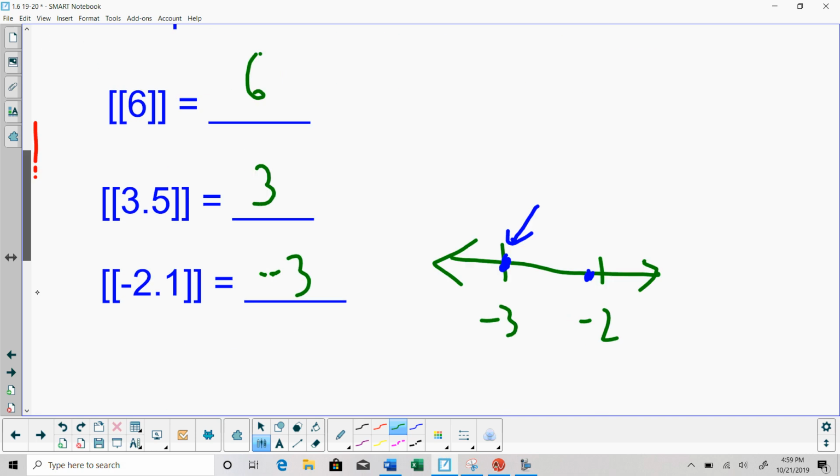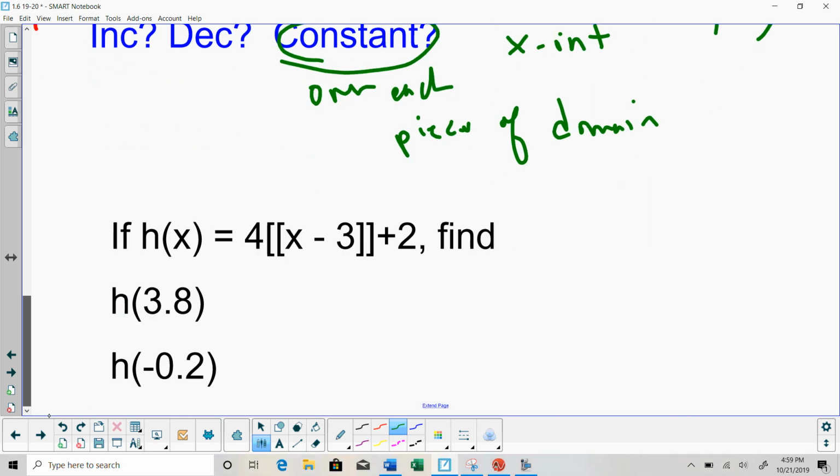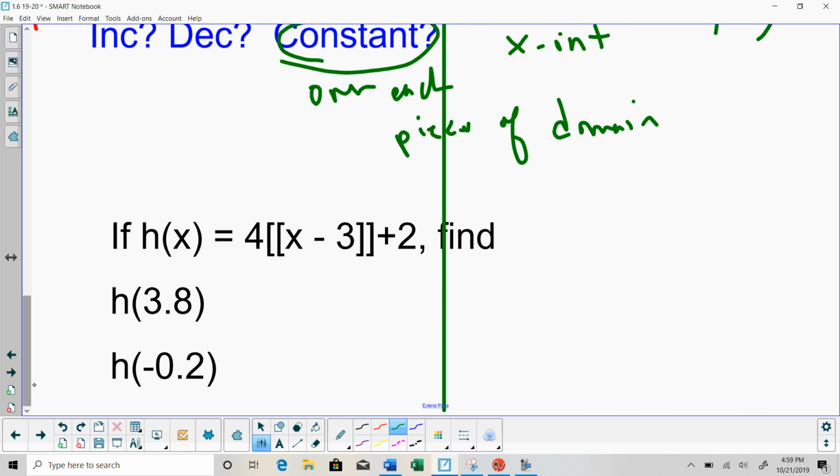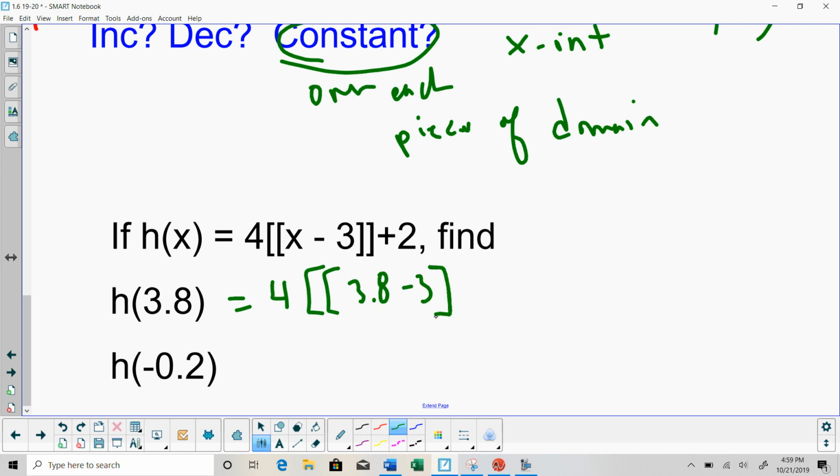And so now, if we were going to find, oh my goodness, I'm really struggling. If I was trying to evaluate this h of x, and I'm going to plug in 3.8 for x, I will have 4 times the greatest integer less than or equal to 3.8 minus 3, and then plus 2.